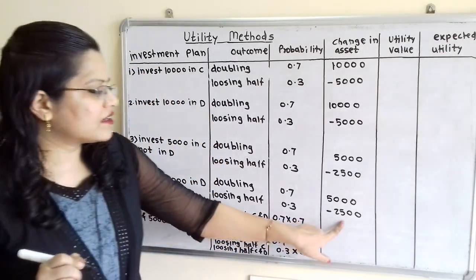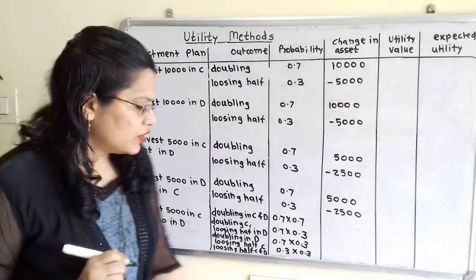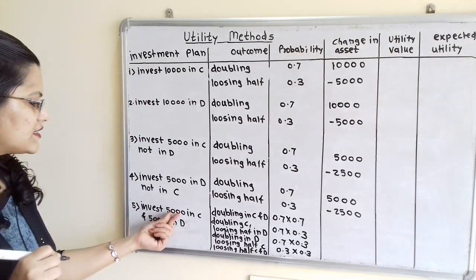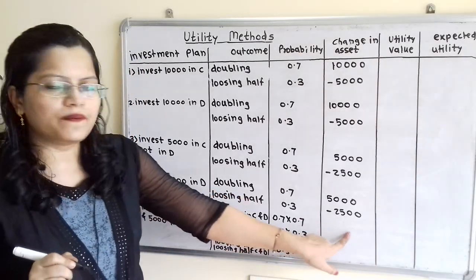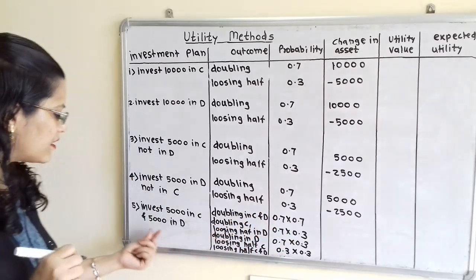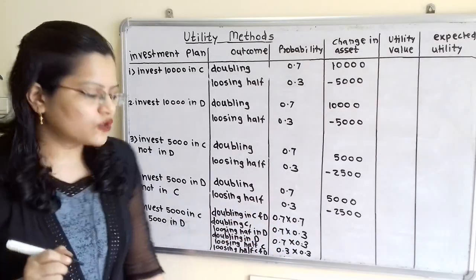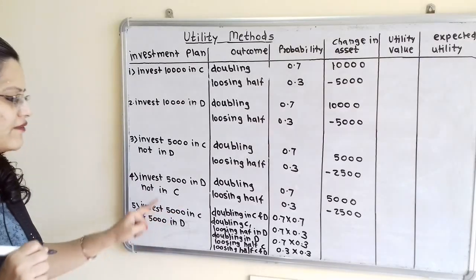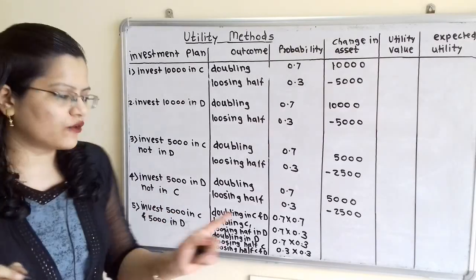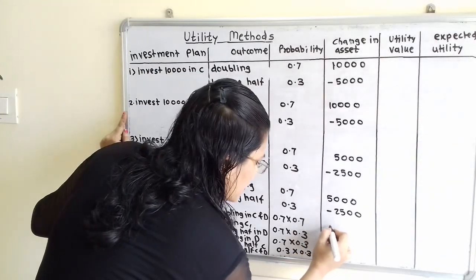Now we will write the change in assets. Here 5,000 is invested in C and it will become 10,000, and 5,000 is invested in D and it will become 10,000. So for a total of 10,000 investment, it will become 20,000. So here the change in asset is 10,000.